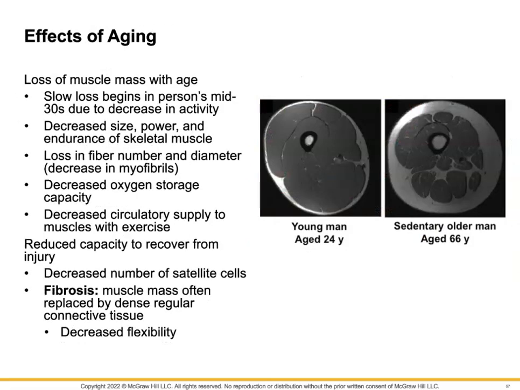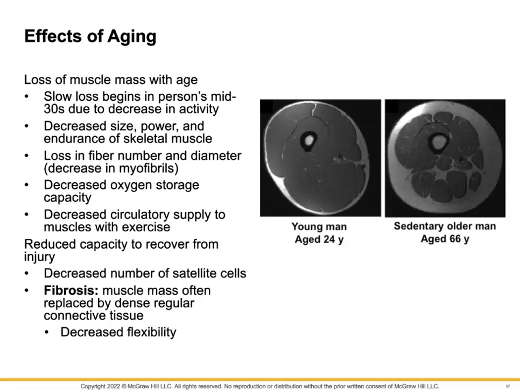And then we get old. This is a common theme in teaching A&P. What happens as we age? Well, a slow progressive loss of skeletal muscle tends to begin in your mid-30s and becomes much more noticeable after the age of 50. So muscle loses size, power, and endurance as there's a loss in the muscle fiber number and the diameter of those muscle fibers because of the decrease in the contractile myofibrils.